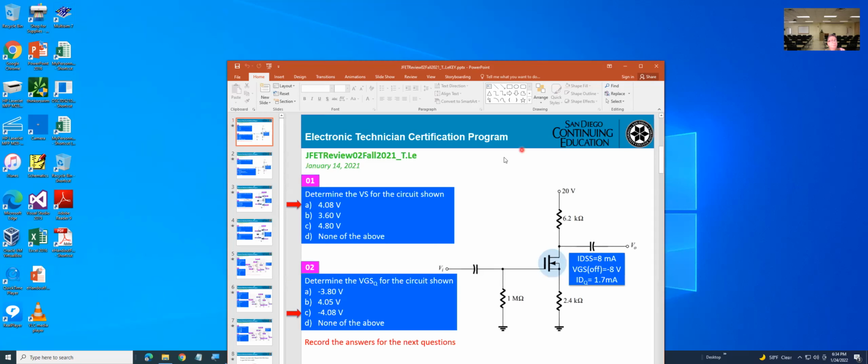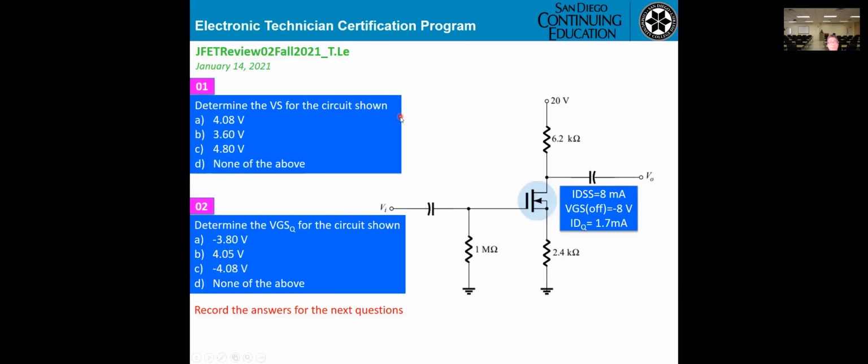Number 2. Oh, man. Okay, number 1. They want to know V8 for this circuitry.